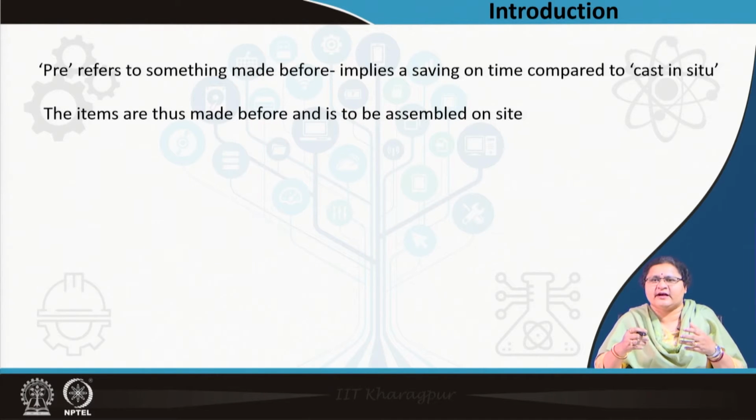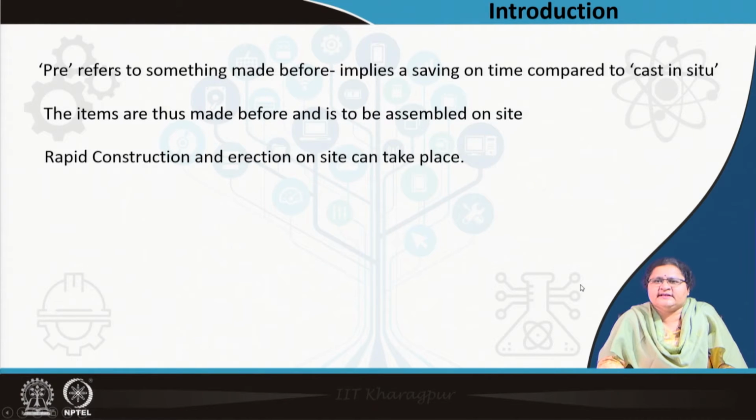Here in case of cast in situ, you had the mortar to join it. Here you will have to apply different techniques. This automatically gives you a rapid rate of construction and erection on site. So, that is again you are saving on time.